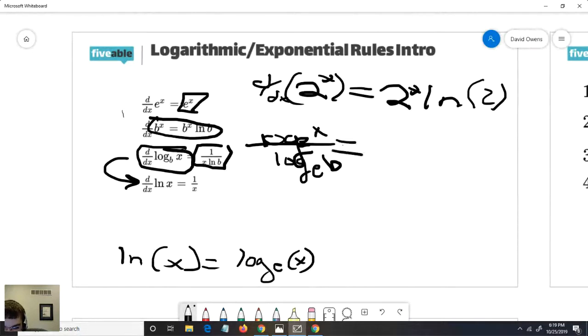Now when we derive that, we can do the quotient rule.